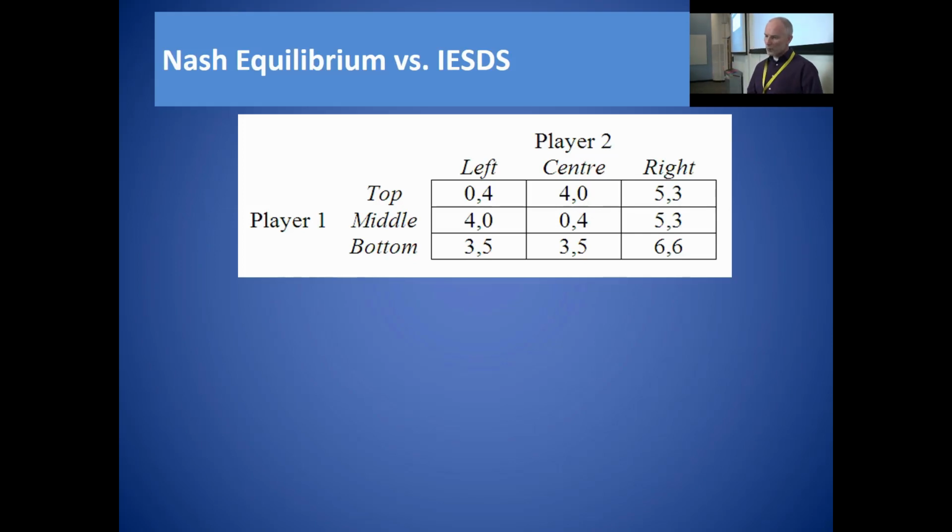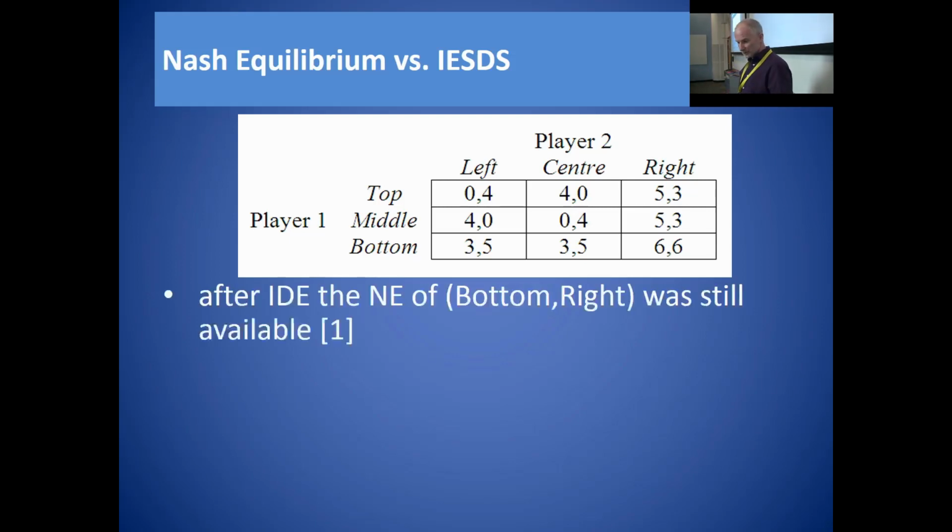So, let's return then to that abstract game that you've got on the handout. Now, when we looked at this previously, we said of these 9 potential outcomes, iterated dominance equilibrium, which ones are identified? They all were. So, that was point 1. Because the Nash equilibrium was that one there, bottom right.